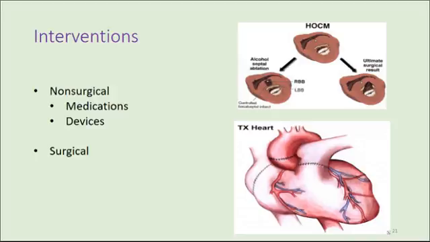Lifestyle modifications include smoking cessation, low fat, low sodium, trying to get them more physically active as they can tolerate, and avoid alcohol. They can put in a left ventricular assist device, the VAD.